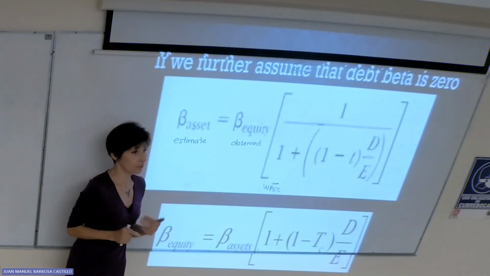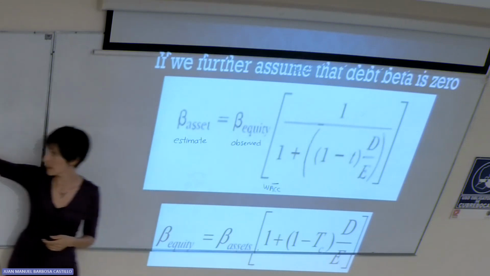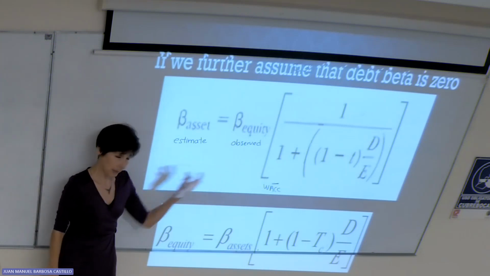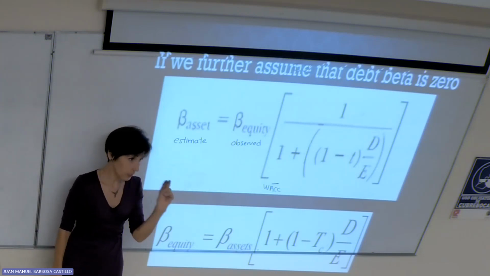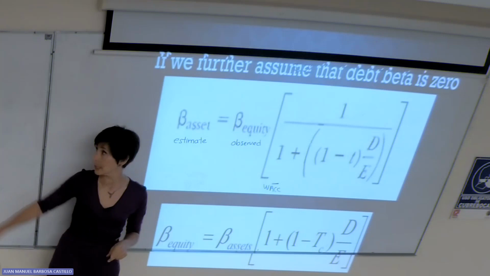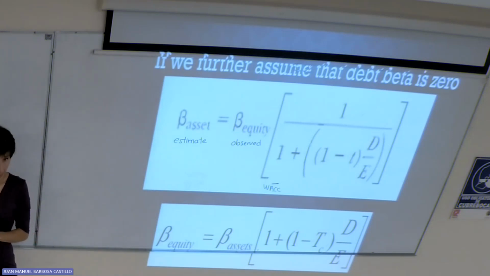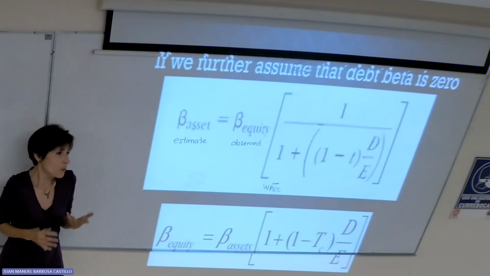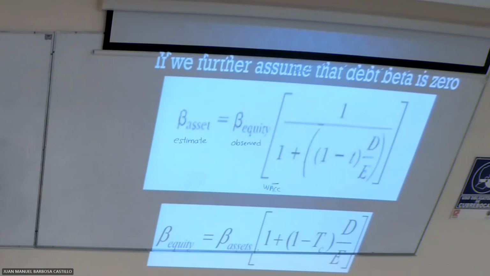The easiest way of doing that is assuming that the debt has no risk, because the equation becomes reduced. But if this assumption is incorrect, seems really out of place, then I cannot ignore debt beta, and I have to include it in my calculation. How would I get debt betas? Exactly the same.